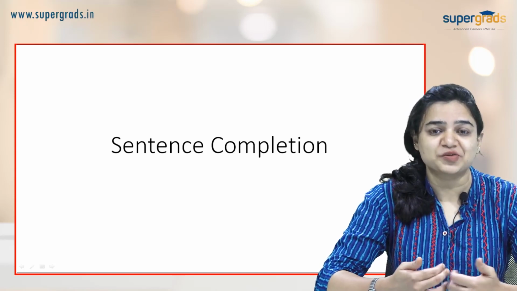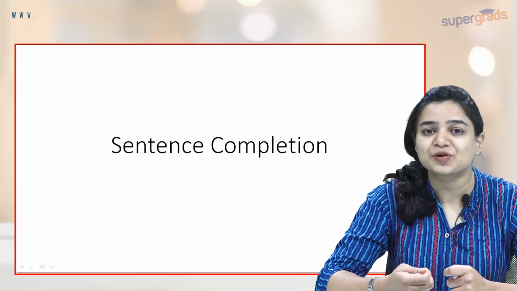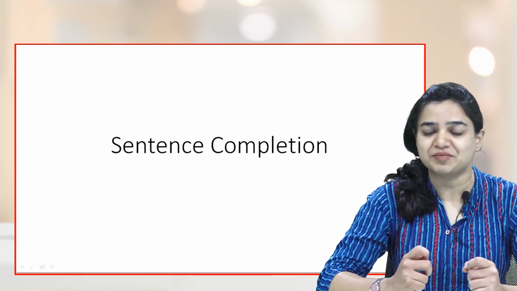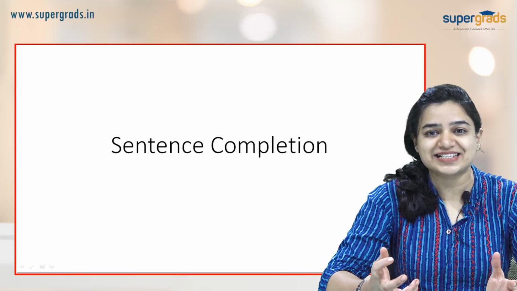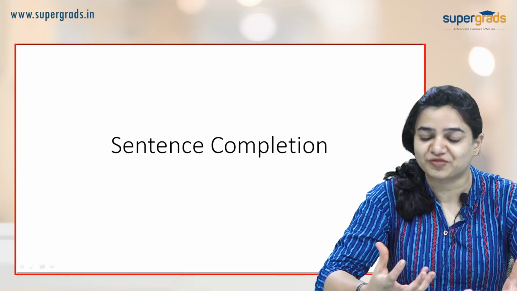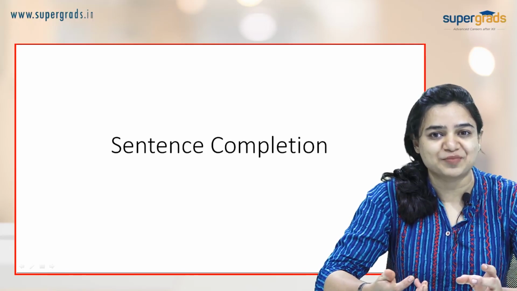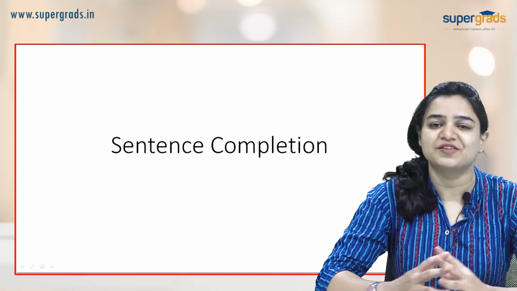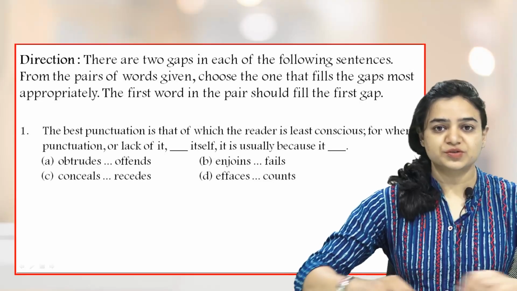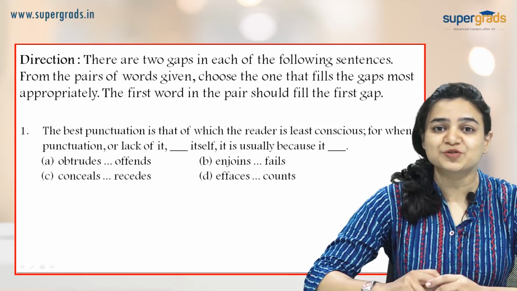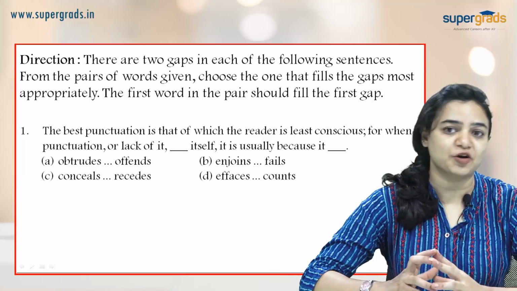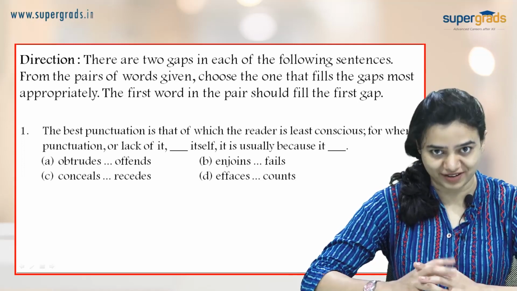So make sure that you read all the options, compare them closely, and see which word matches here as per the meaning, the required intensity, and the required connotation of the word. All those things play an important role, and then you make an informed choice. Today we will solve 10 questions through which I will tell you how to eliminate options and what to look for in a question.